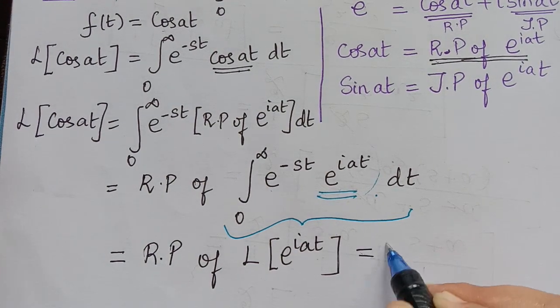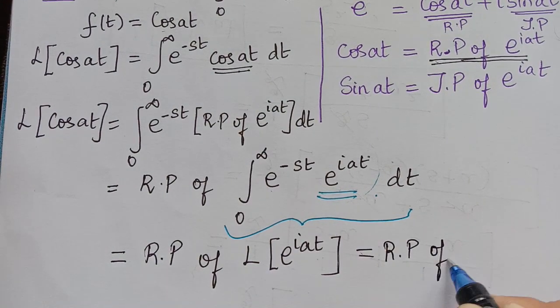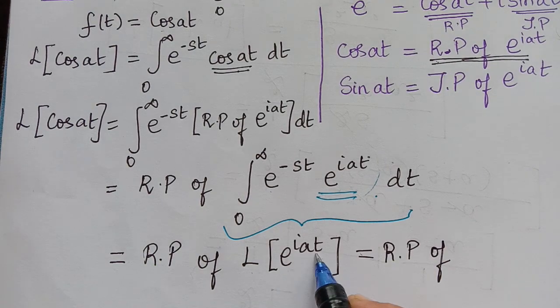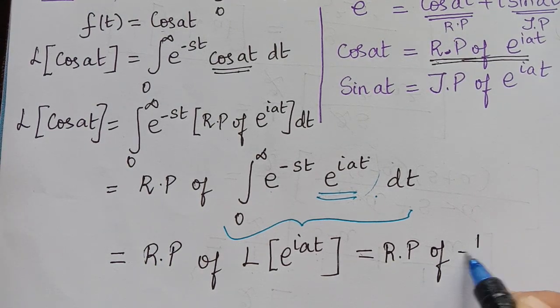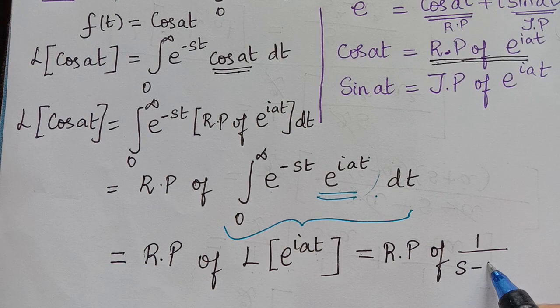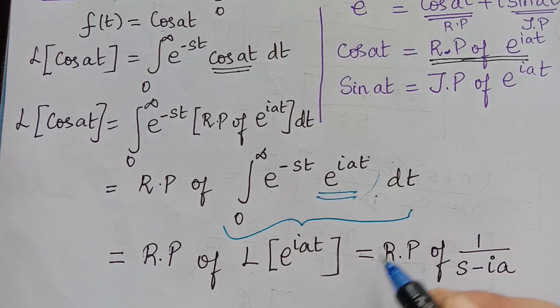So this is equal to real part of, now what is L of e power iat? It is 1 divided by s minus ia. This is by using result 2.